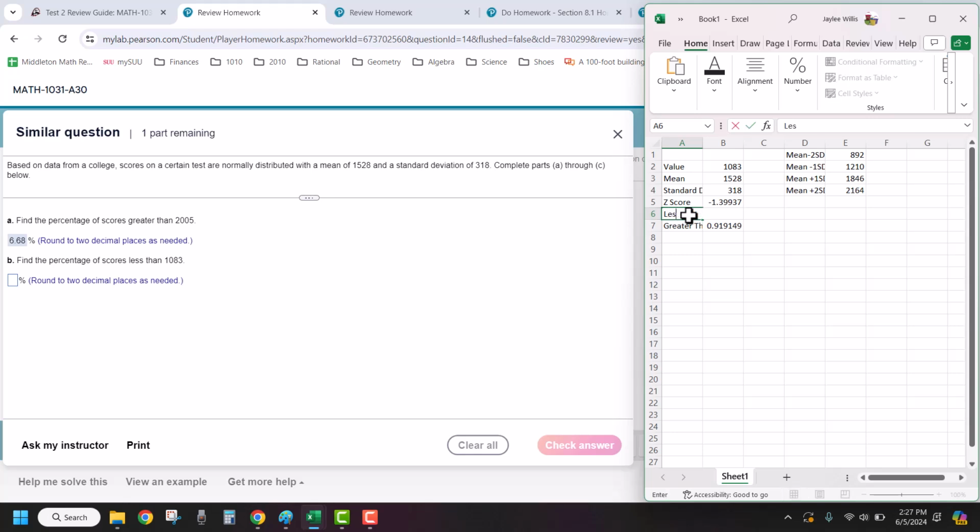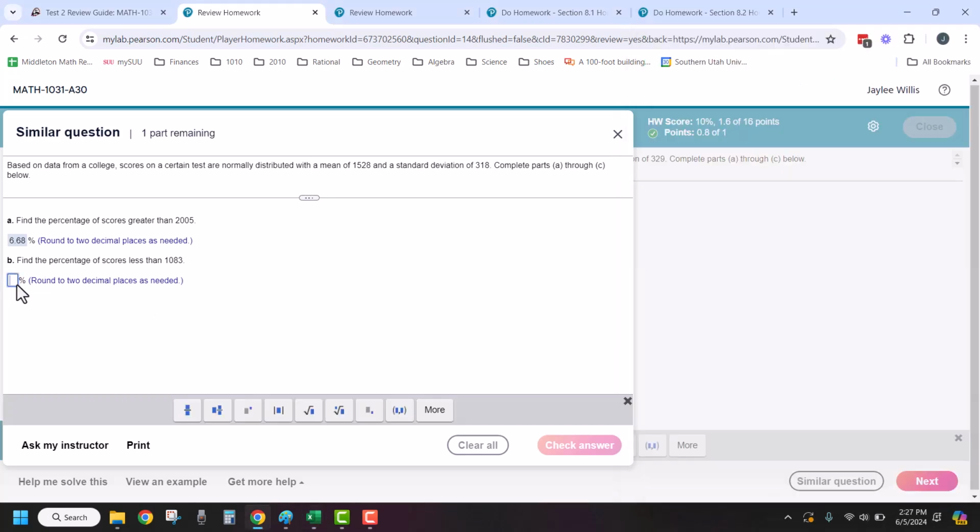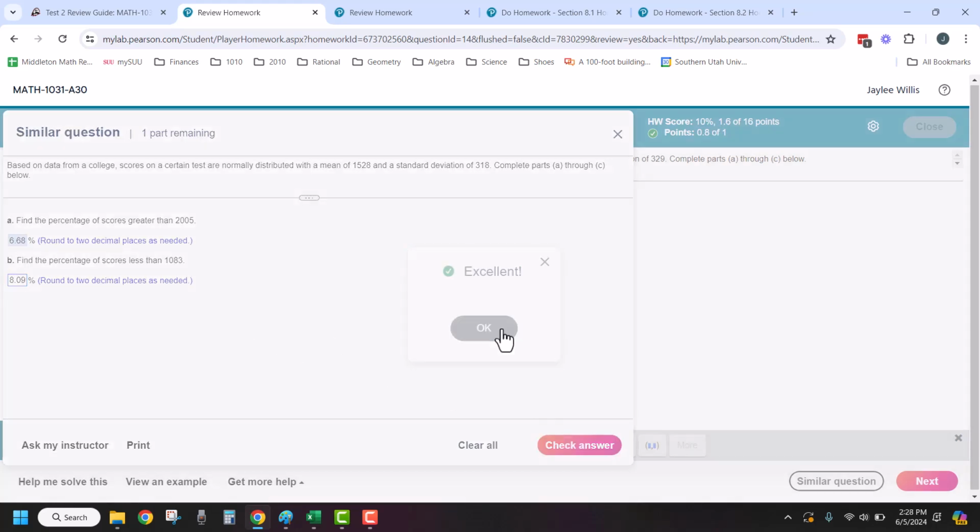So maybe I'll relabel this to be less than that value. So the percentage that is less than is 8.085, but I'm supposed to round 2 decimal places. So I'll round the 8 up to a 9 because the number after it is a 5. So 8.09% would be my answer there.